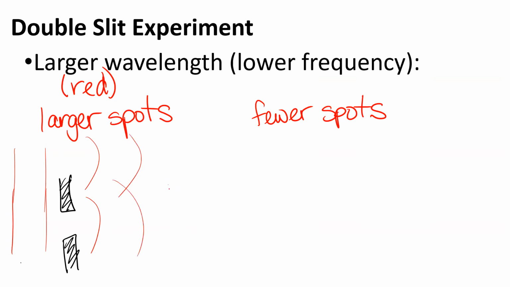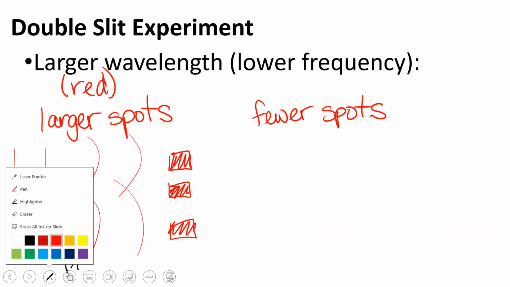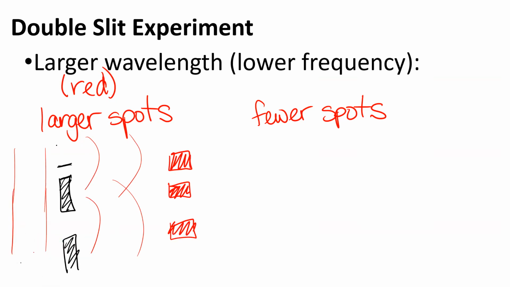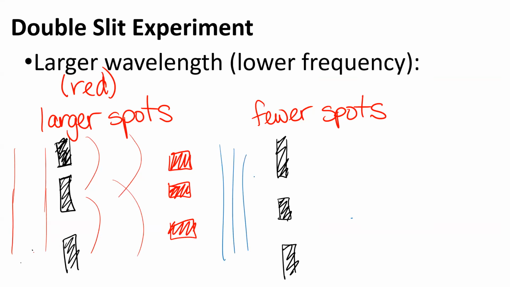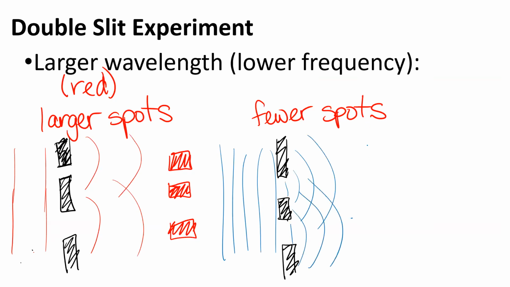Then over here, we're going to get wider spots. If instead we have our blue or violet light, let's do blue. If they're closer together, like this, they overlap more, and so we get more spots.